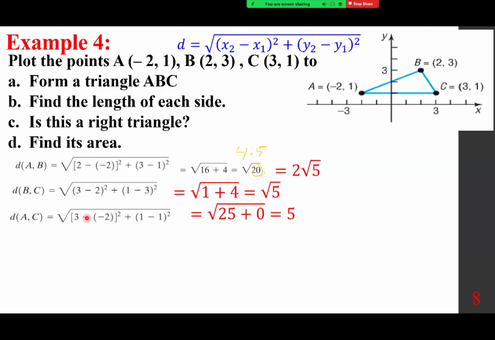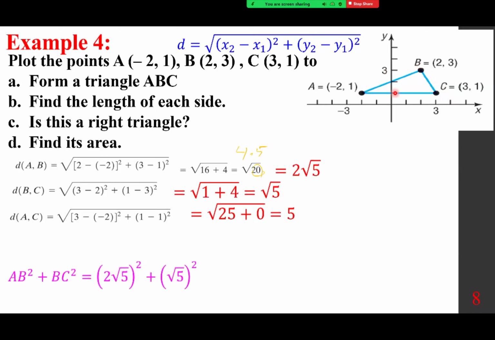Now, we did part A, we did part B. Is this a right triangle? Pythagorean theorem says A squared plus B squared is C squared. That is true for a right triangle. So we look at A squared plus B squared to see if it's C squared. In other words, we look at AB squared plus BC squared to see if we get AC squared.